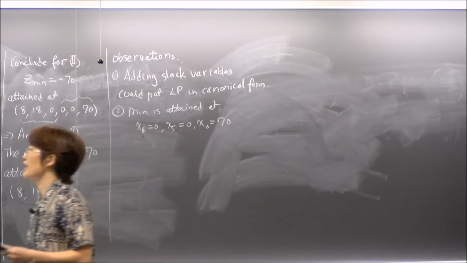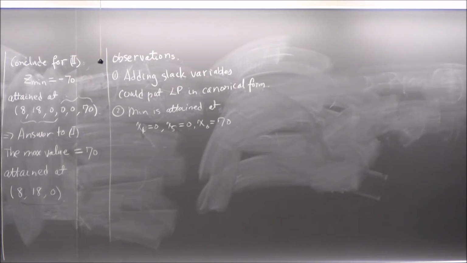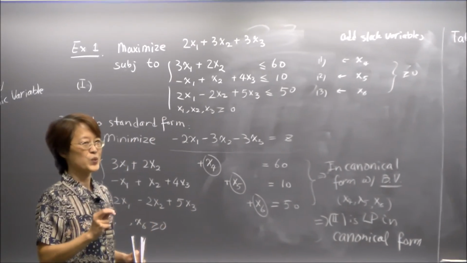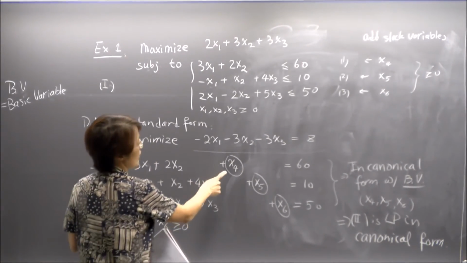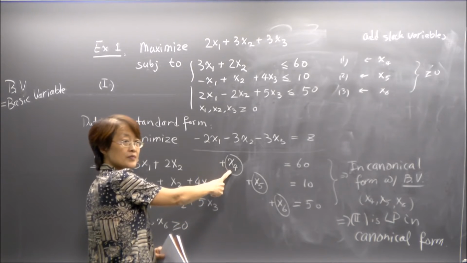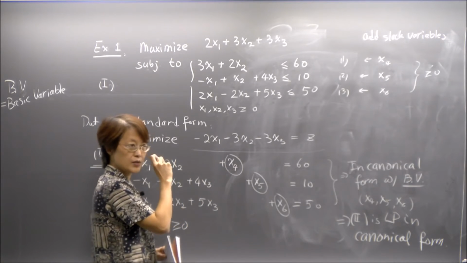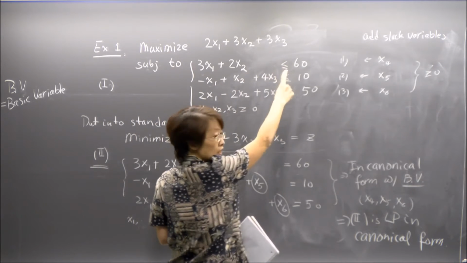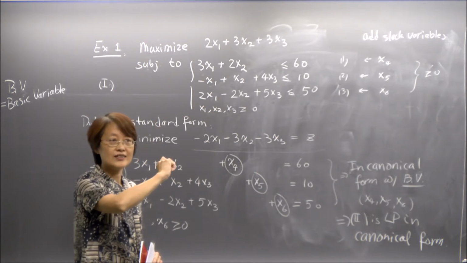So what can we say about these signs? What does it mean that the slack variable x4 in that solution is 0? That means with that solution, I will have equal sign. Is that clear?